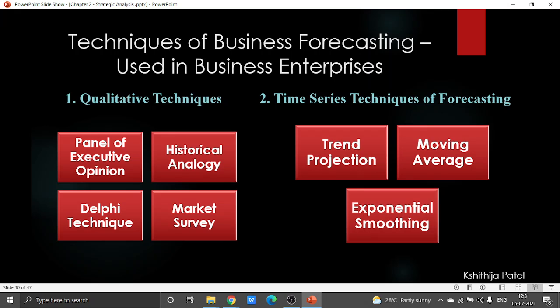Now we shall see some time series techniques of forecasting. These time series techniques are based on the assumption that the past is a good predictor of what might happen in the future. Normally time series, as we discussed, prove useful when a lot of historical data are available, and when stable trends are apparent.